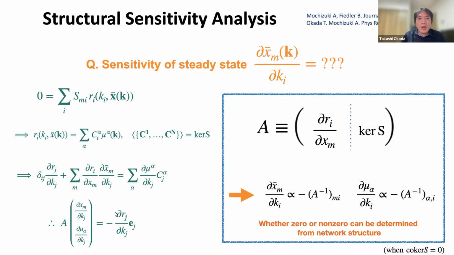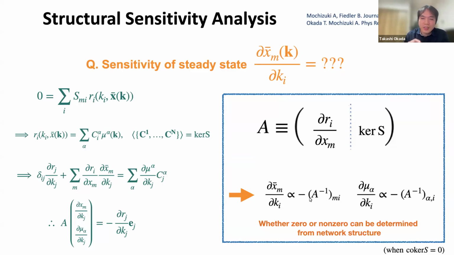This expression implies that the sensitivity can be obtained by computing the inverse of this matrix A, with a minus sign. The crucial point is that the matrix A is typically a sparse matrix that reflects the underlying network structure, and A inverse is also a sparse matrix. Whether each sensitivity is zero or non-zero can be determined only from the structural information of the reaction system.